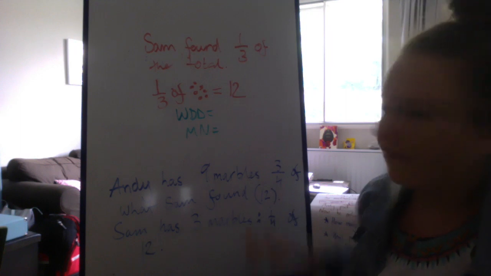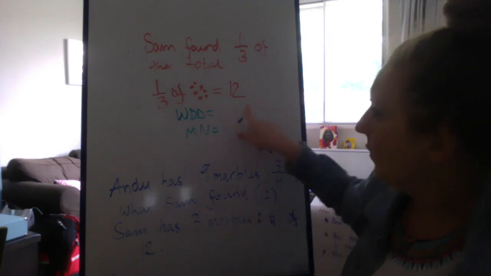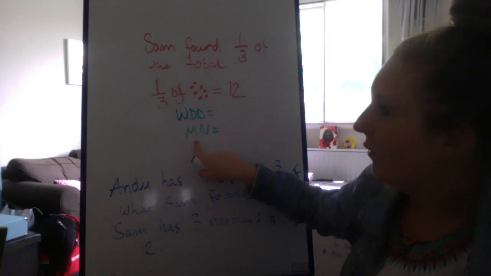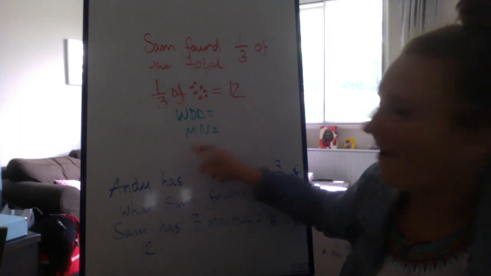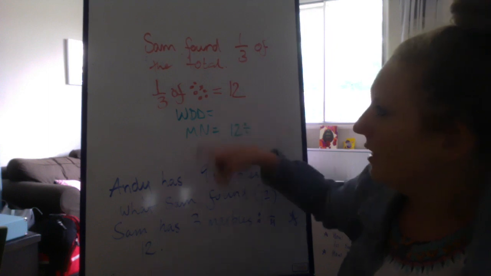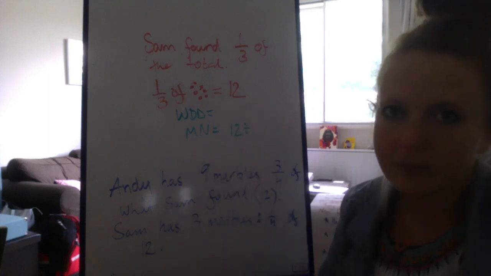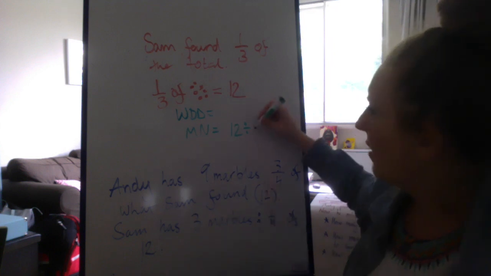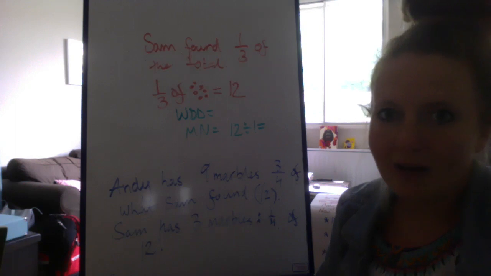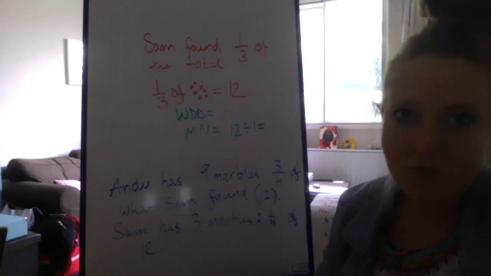Now, same thing, we have 12. So instead of multiplying, we're going to have to use our inverse, and we're going to divide. So 12 divided by, still our numerator. Which number is our numerator? Lovely, 1. 12 divided by 1 is equal to 12.